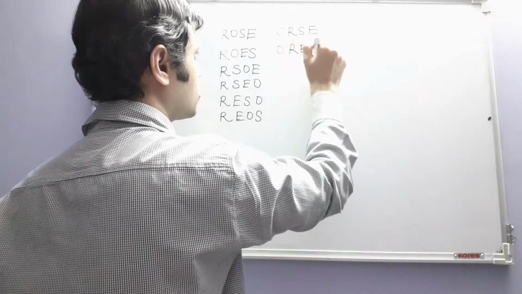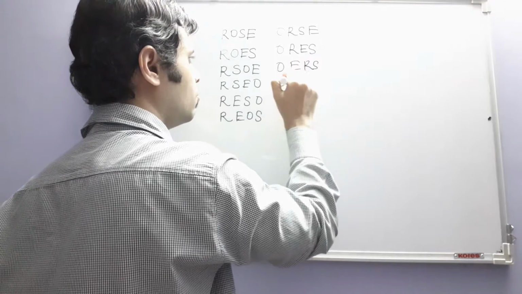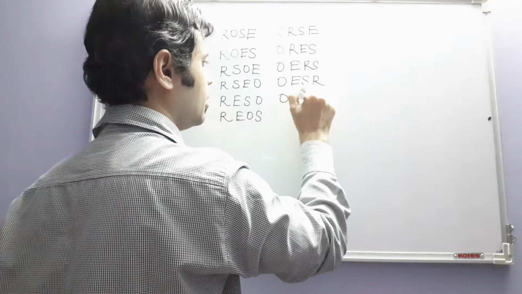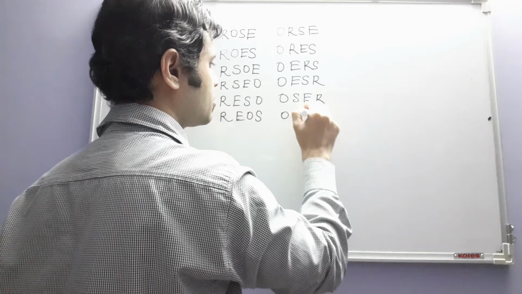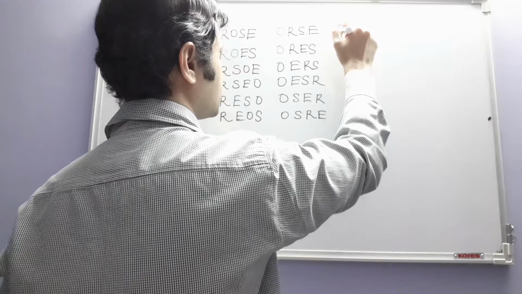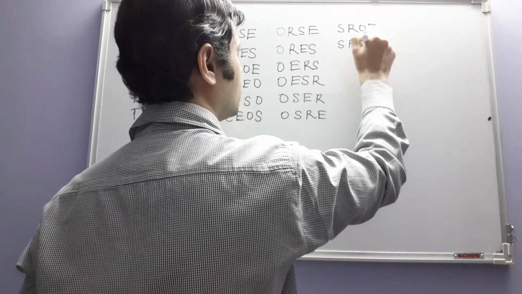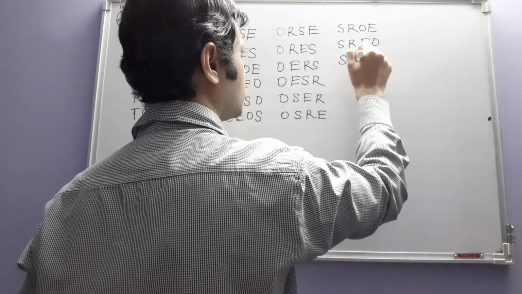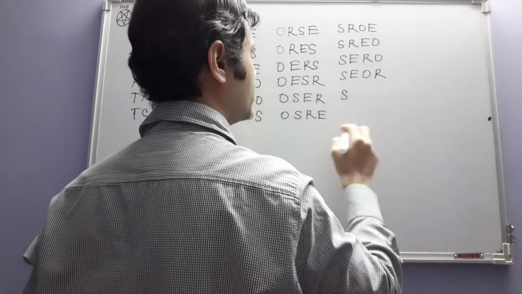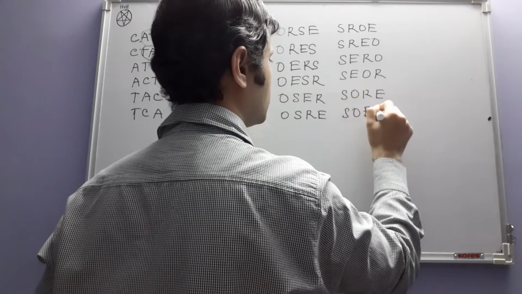R, E, S, O, E, R, S, O, E, S, R, O, S, E, R, O, S, R, E. Then I do the same for say S, R, O, E, S, R, E, O, S, E, R, O, E, O, R, S, O, R, E, S, O, E, R.